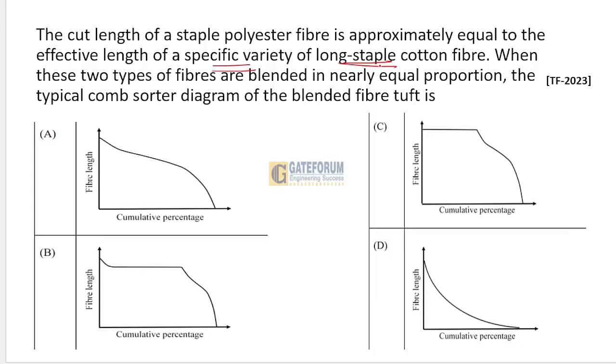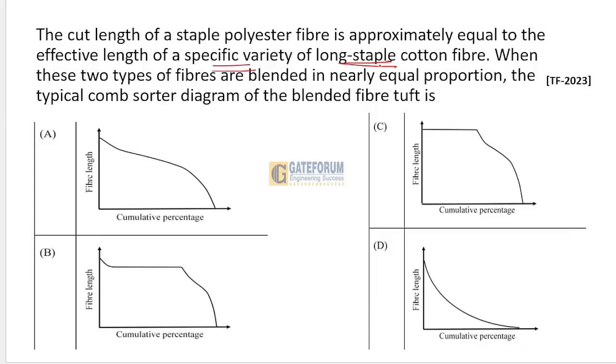So what it says is that one is a polyester fiber and it is blended with a specific variety of cotton fiber. When these two fibers are blended together, what type of comb sorted diagram would be formed in this case?